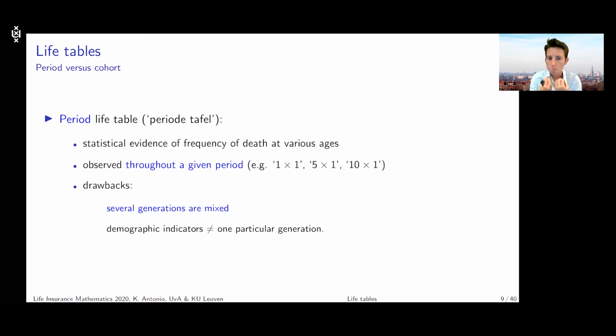So if I use the period approach, if I use the mortality rates from the year 2019 to do a calculation for me, then I'm relying on information from generations, cohorts, which do not match with the expectations that we have in terms of the mortality of, for example, my specific generation, right?